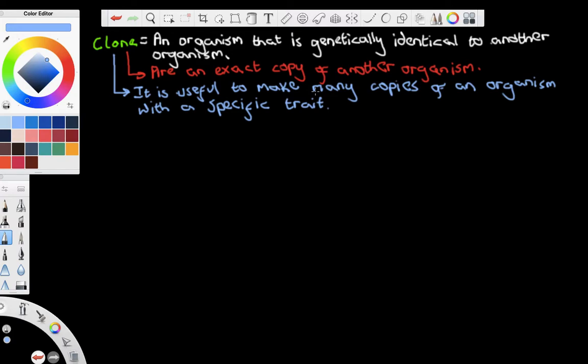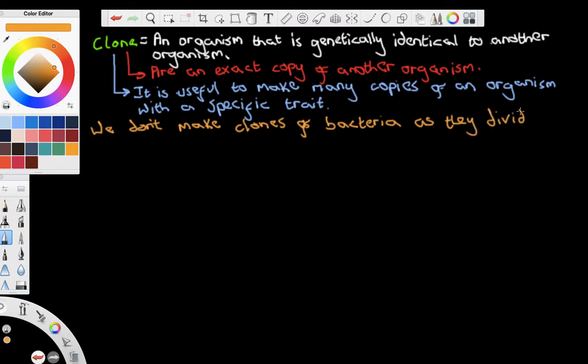Okay? So I'm going to put here that we don't make clones of bacteria as they divide quickly by binary fission.